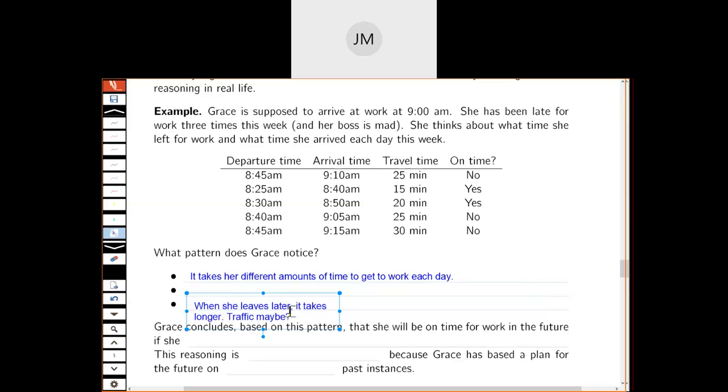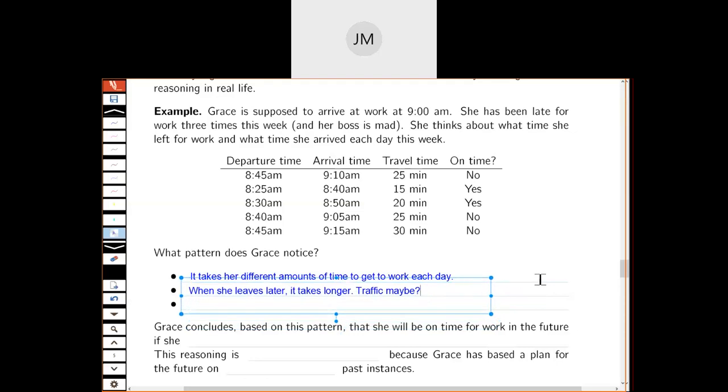So maybe there's traffic building in the morning. I don't know if any of you have had this experience with commutes, but sometimes as the morning goes on, traffic gets worse and worse, so it takes you longer to get there. Now, what's the other pattern that we noticed? The longest that it took her to get to work was 30 minutes.